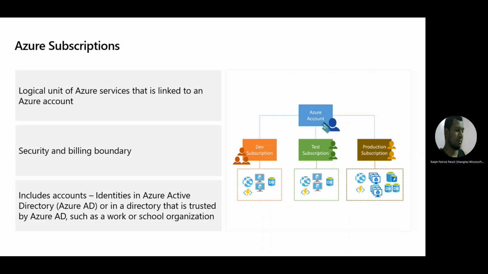So when you want to use a subscription, you need to authenticate first. A subscription authenticates and authorizes a person to use the resources. That's why it's linked to an Azure account, right? And this Azure account is the one that is charged either on a per license basis, a cloud basis, or a resource consumption basis. So that's how it works. Probably later in this video, we're going to be talking a little bit about the Azure account.